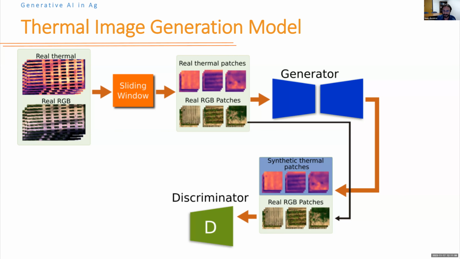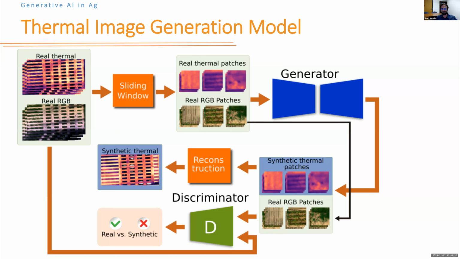So the training samples for the discriminator are the synthetic thermal patches with real RGB patches, and the real thermal patches with real RGB patches. The discriminator tries to tell them apart, and by this adversarial learning, both the discriminator and the generator get better.